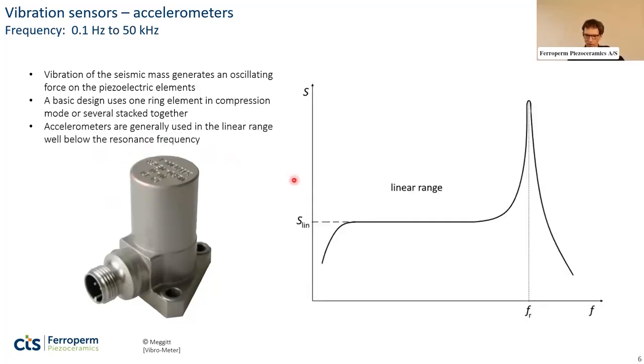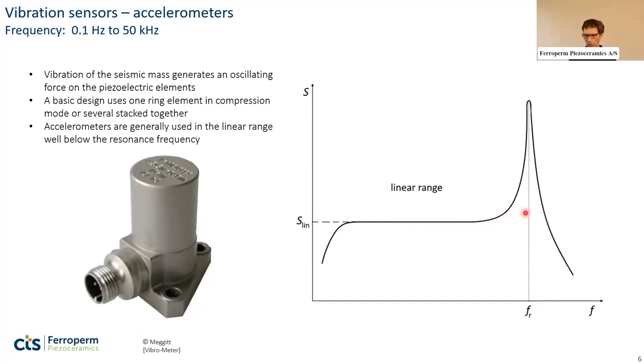It's interesting to think about the frequency also for the accelerometer application. You generally use them in the linear range, so you really want a flat response depending on the frequency, so that you can be sure that in the designated frequency range you get a quite linear behavior.